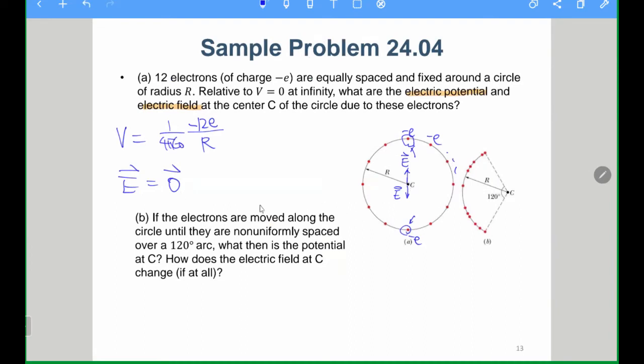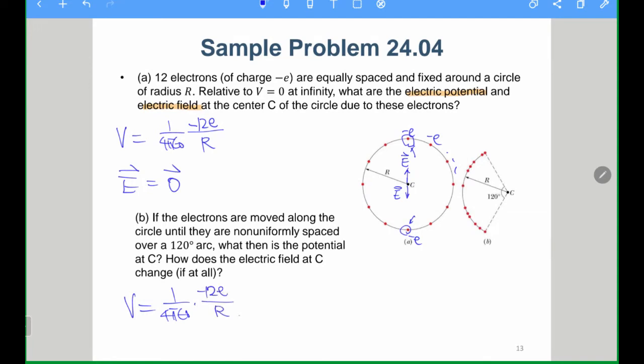Okay, so here, if the electrons are moved along the circle until they are non-uniformly spaced over a 120-degree arc, what then is the potential at C? The potential doesn't change at all, because the charge amount doesn't change, and the distance from the arc to the center is still the same. So when we calculate the electric potential, it will be the same value.